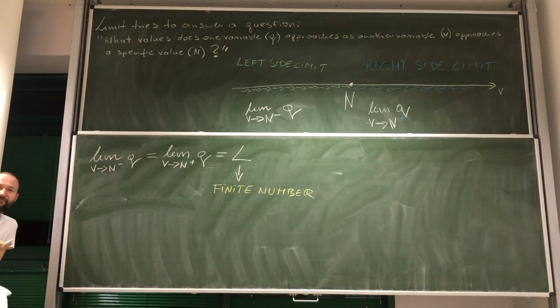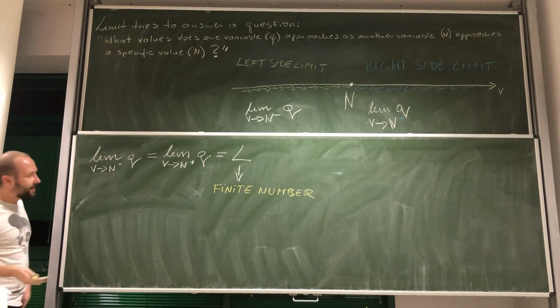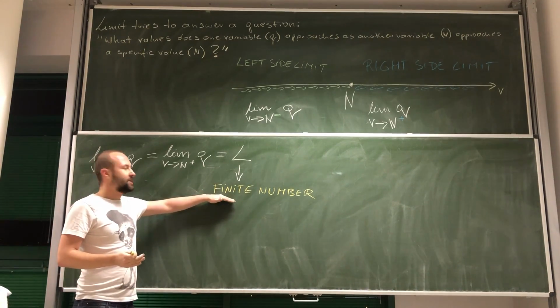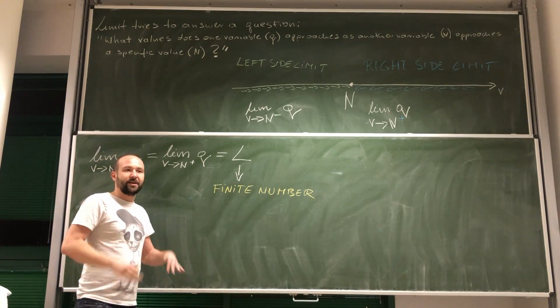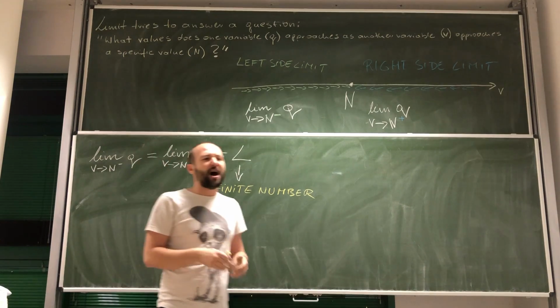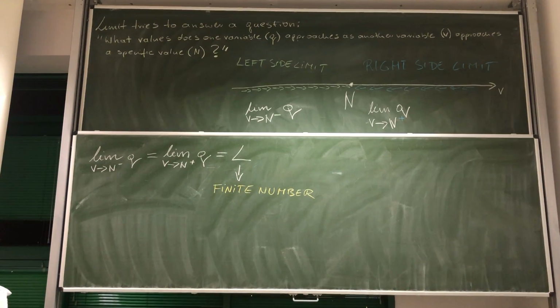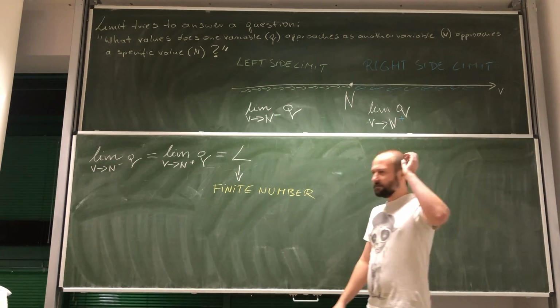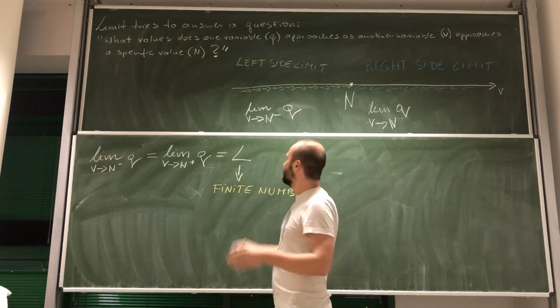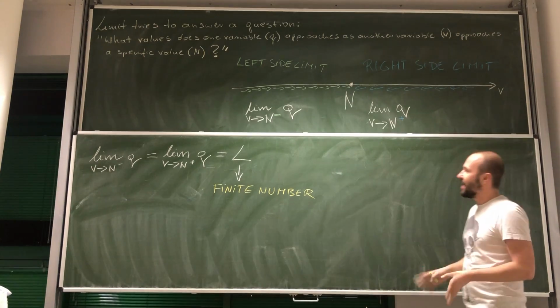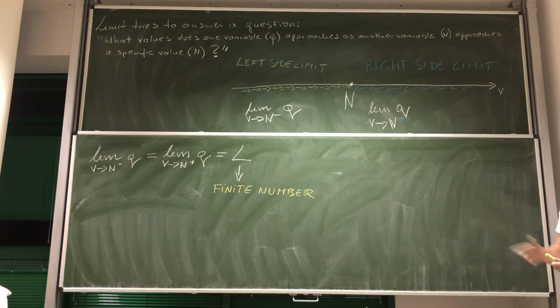Okay, now what is a finite number? Well, finite means not infinite. So look, if our answer is neither infinity nor negative infinity, we are getting a finite number. This is a constant, basically.